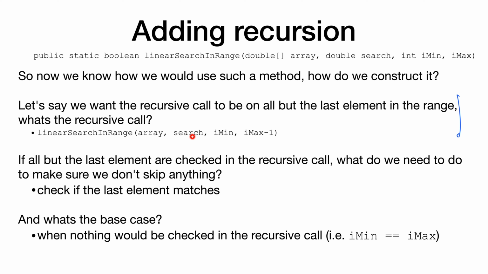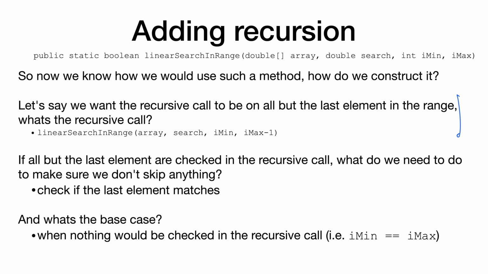The array and the search don't change. Everything but the last starts at the min still and ends at one before the max. And that will return true or false whether search is in that range of the array.